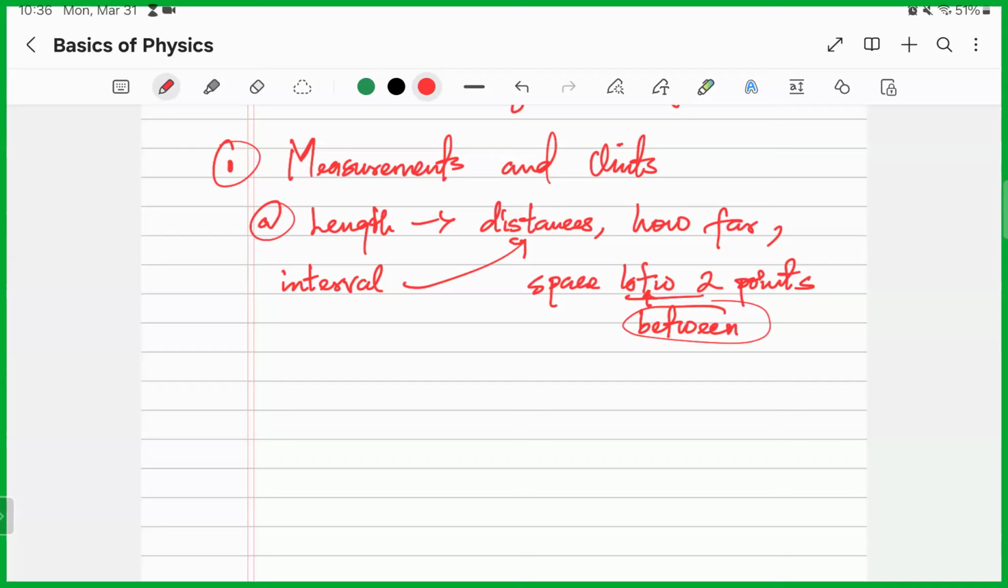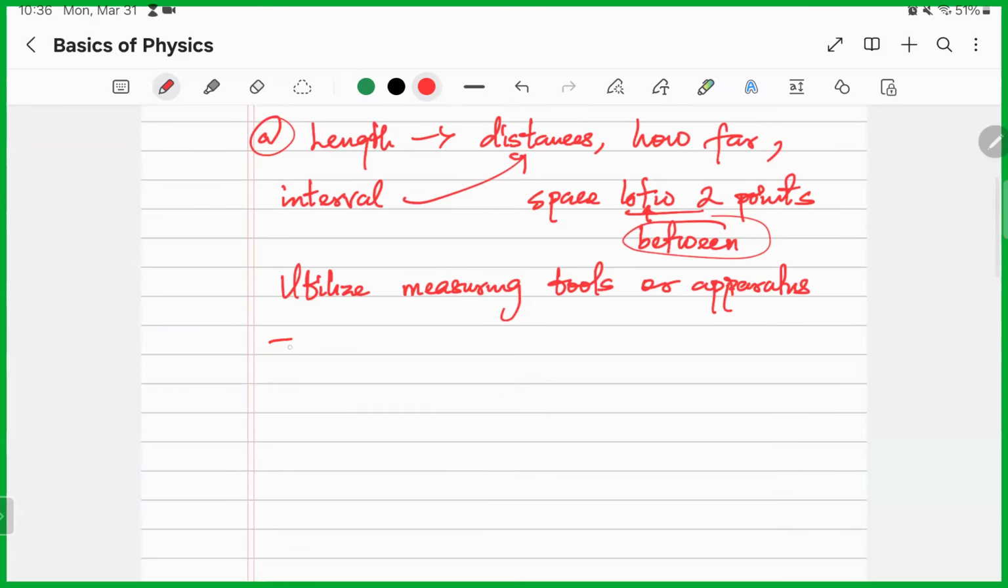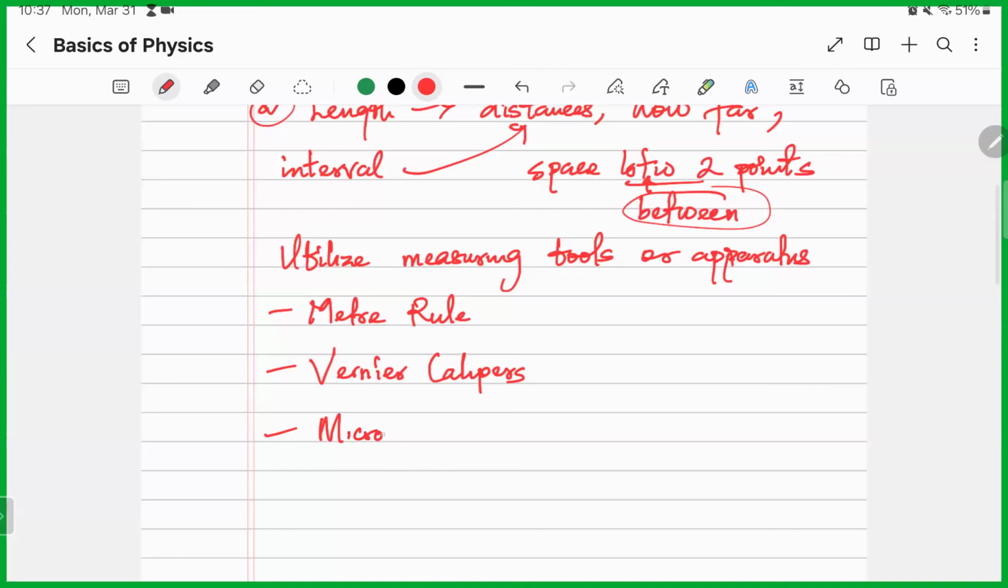Now, when we speak of length, to calculate some of these lengths, distance, how far 2 points are, maybe on a material or whatever, the space between two things, we use instruments, we utilize measuring tools or apparatus, such as the meter rule, vernier calipers, the micrometer screw gauge.